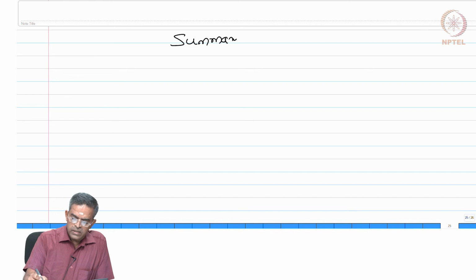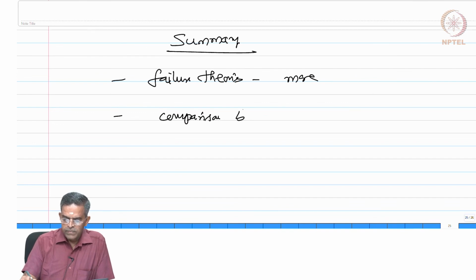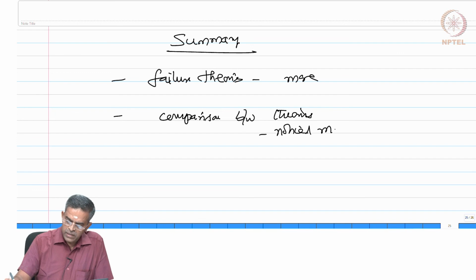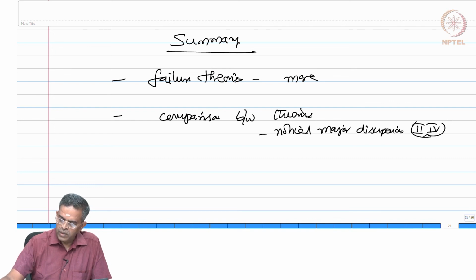So, in this lecture we learned more about failure theories. We also understood a comparison between the failure theories and noticed a major discrepancy in 2nd and 4th quadrants, correct.